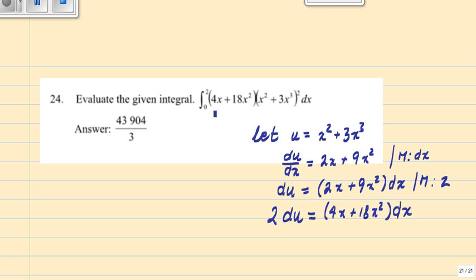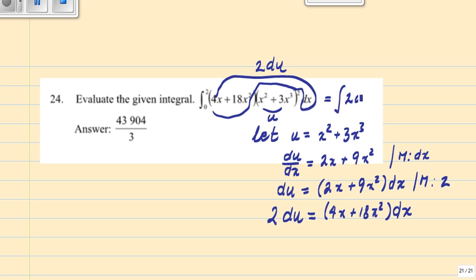So now this expression here is equal to 2 du, and this is equal to u to the power of 2. So now I'm going to have an integral of 2 du times u to the power of 2.